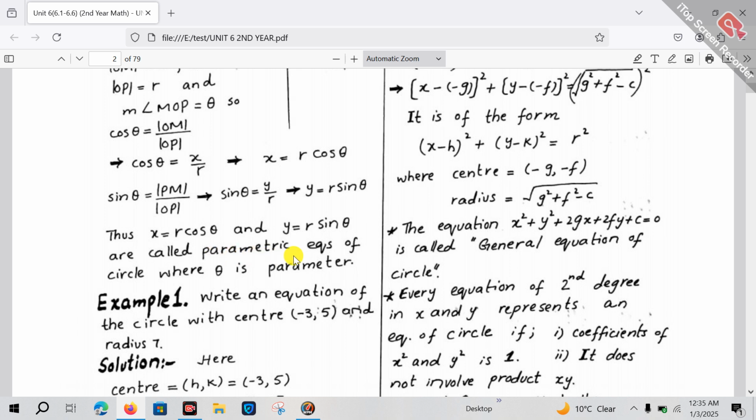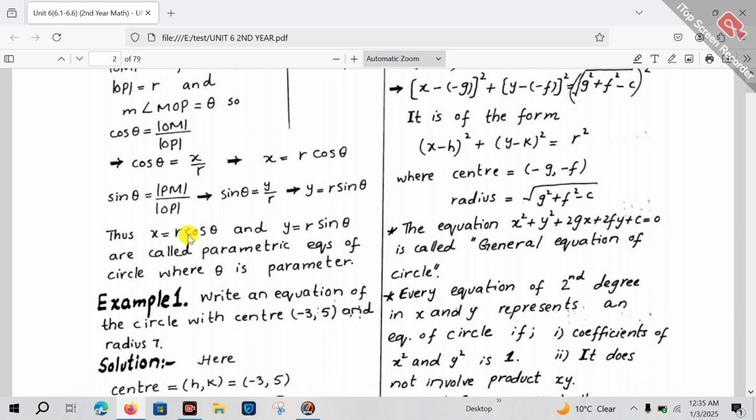These are called parametric equations of a circle. In that case, theta is called the parameter, and these two equations are called parametric equations of the circle.